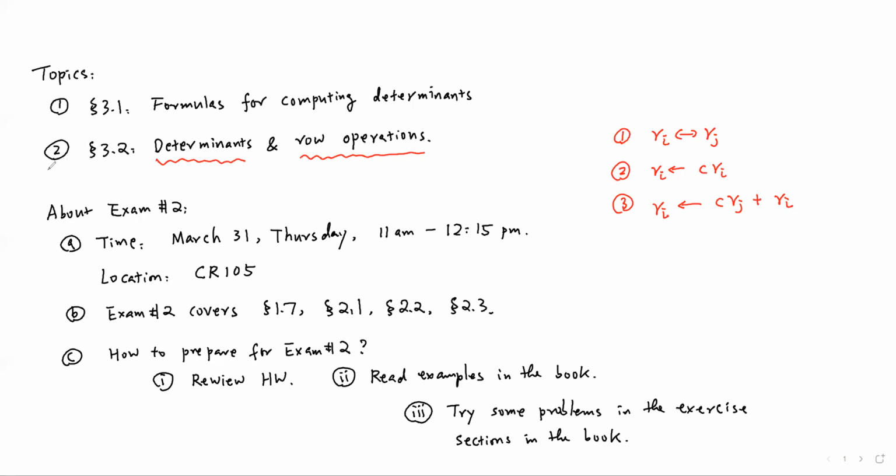Now, in the second topic, I examine how these three operations affect the value of a determinant. Topic number 2. First, interchange two rows. I have a matrix: A11, A12, A1n.